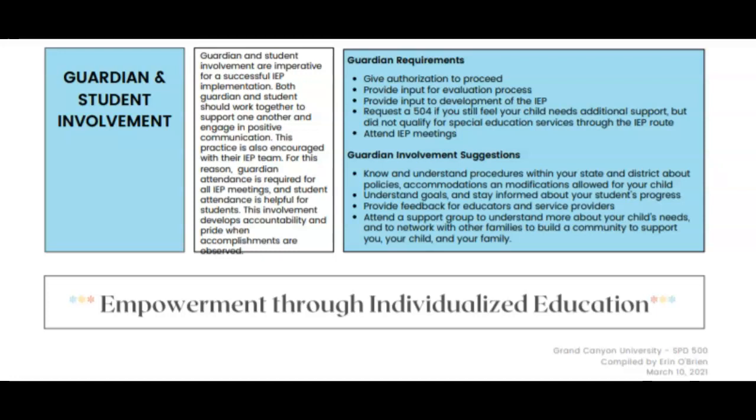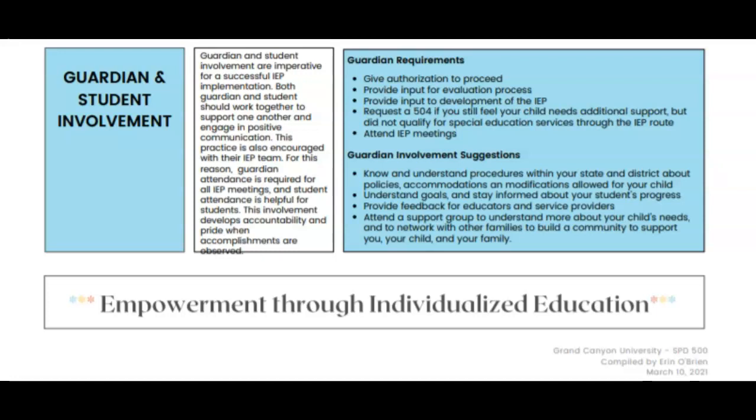Some additional things that are helpful for guardian involvement, just to keep communication open among the team and with your student, is to know and understand procedures within your state and district about policies so that you can advocate for your child, ensuring that they have the best accommodations and modifications for their goals.